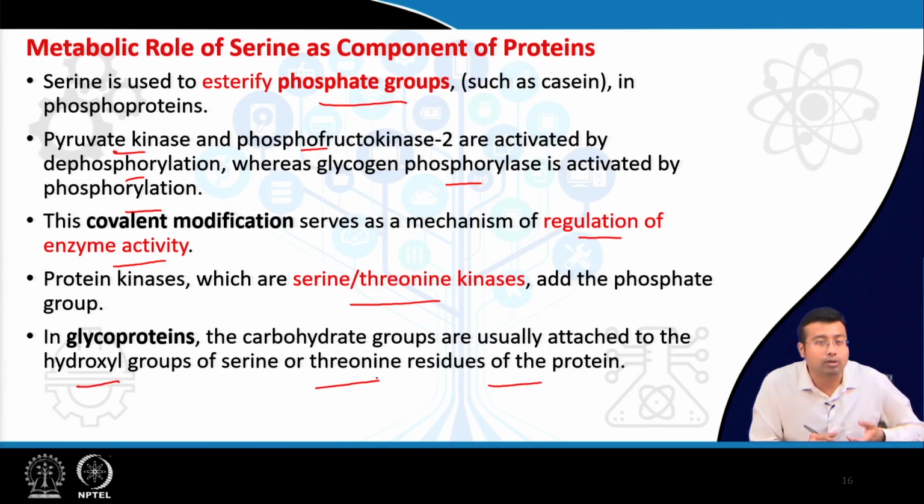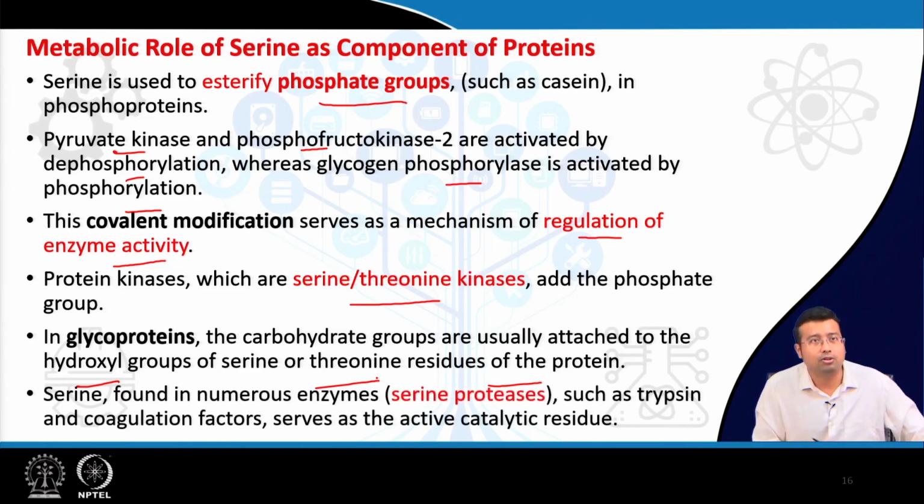Whenever a glycoprotein is formed, which is a combination of carbohydrate and protein, those carbohydrate residues prefer to get attached to the hydroxyl residues of serine and threonine. Not only that, serine is found in numerous enzymes, for example serine proteases that break down protein, such as trypsin and coagulation factors. Serine is present as an active residue in their catalytic site, alright. So, whenever you look into the active site, serine is found.